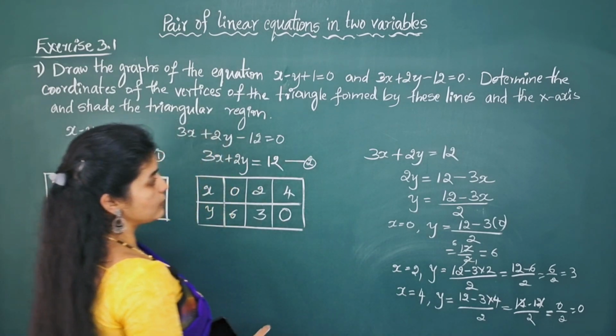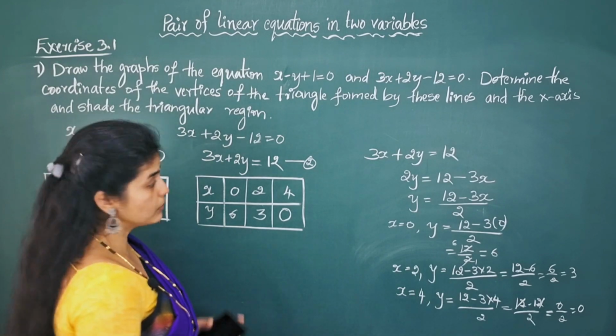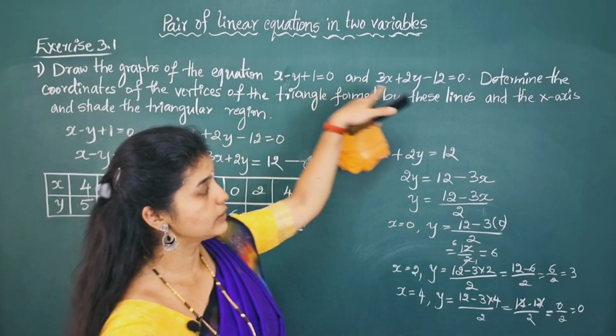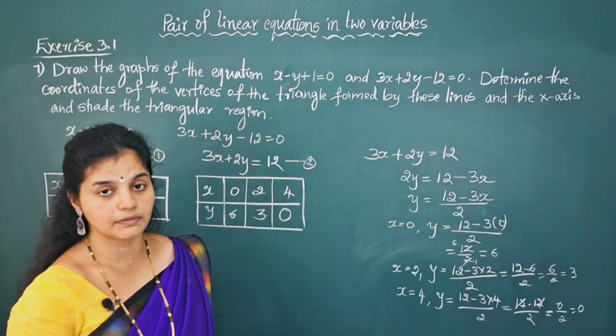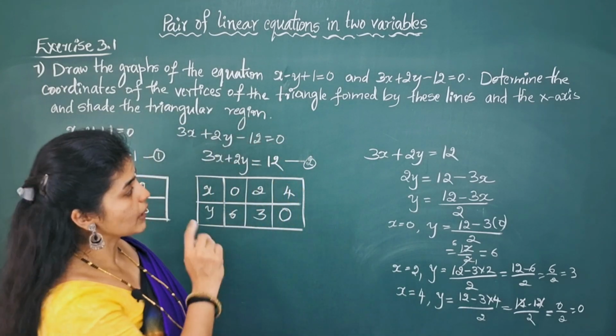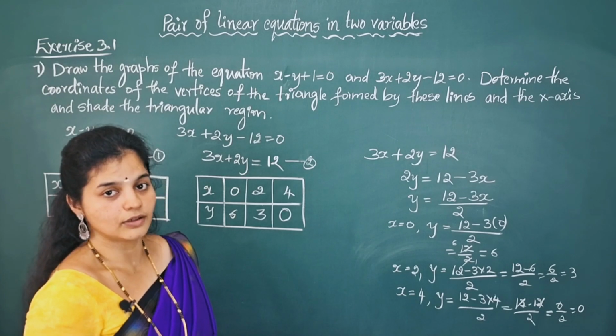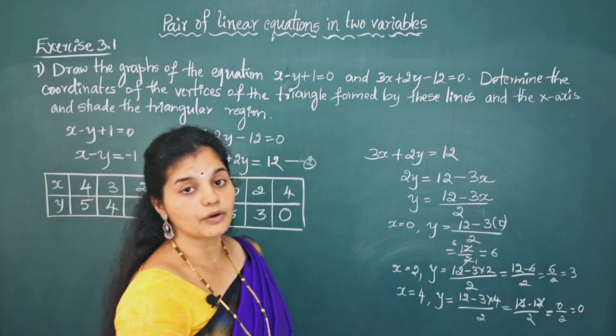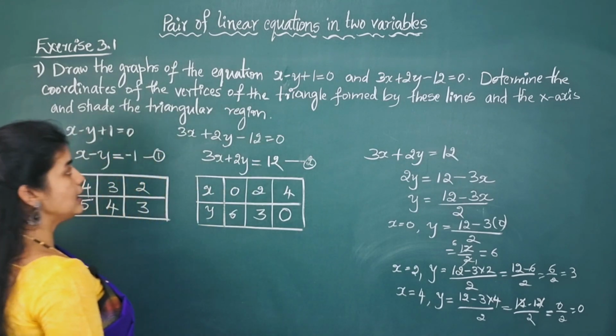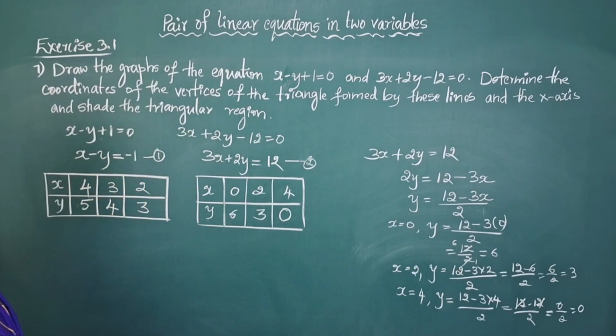Let us plot the x and y values on the graph and draw the lines corresponding to these pair of linear equations that they have given us, and let us check at what point they intersect. Let us also find the vertices of the triangle with respect to the x-axis, and let us shade the triangular region.